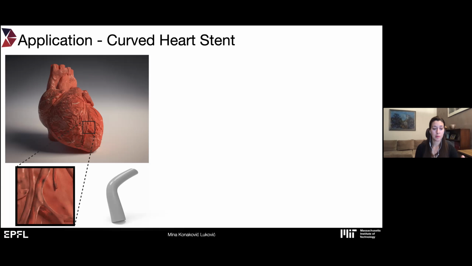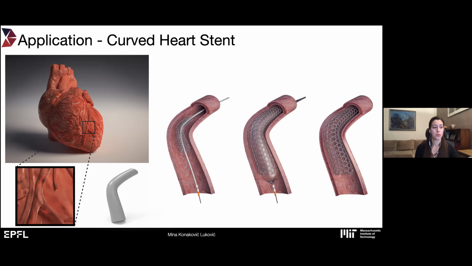And this can be used as a target shape for our algorithm, which will then compute what the shape of the programmable auxetics is going to be, and it can be used as a curved heart stent to go exactly to the patient's blood vessel. So this is fabricated flat, and it can be curved into a cylinder, and then it can be compactly inserted inside, curved, and then inflated to the target shape. So you don't have to do anything else once you insert it inside except to inflate it.